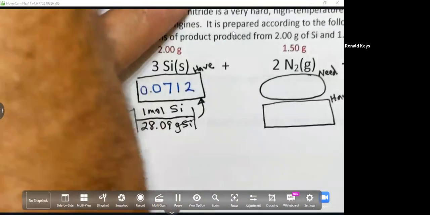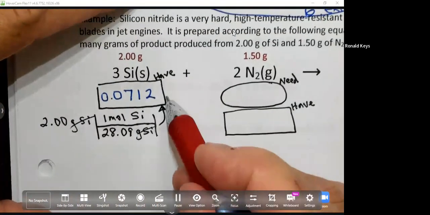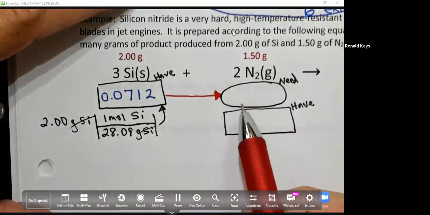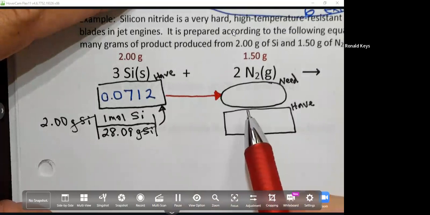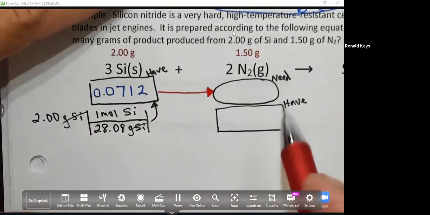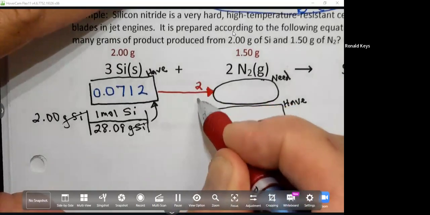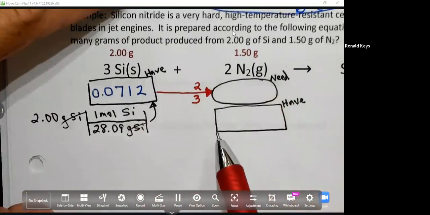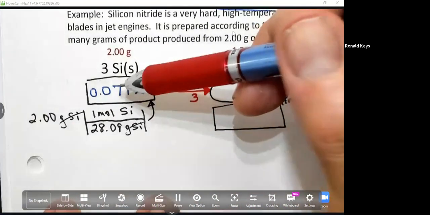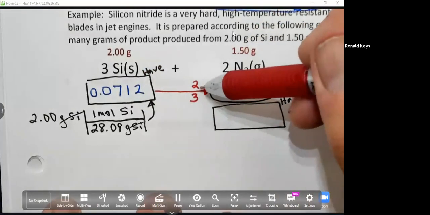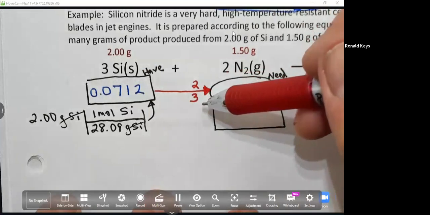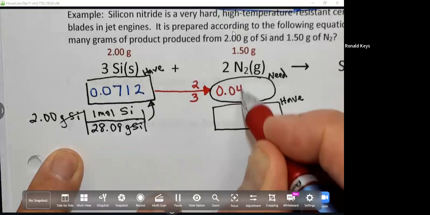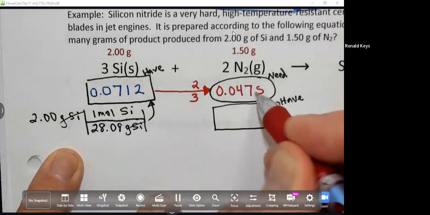Now draw our arrow. How many moles of nitrogen do we need? My mole factor fraction is 2/3, right? Just from the balanced equation, 2/3. So if I take what I have left in my calculator, 0.0712 multiplied by 2, divide by 3, I need 0.0475 moles of nitrogen.